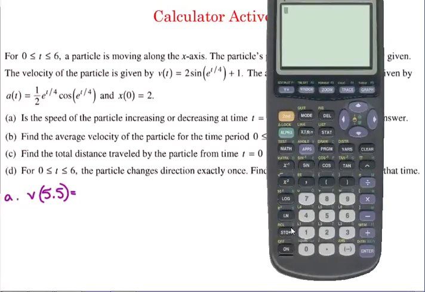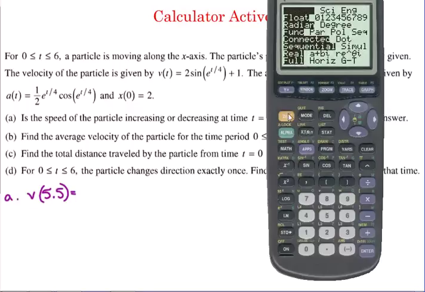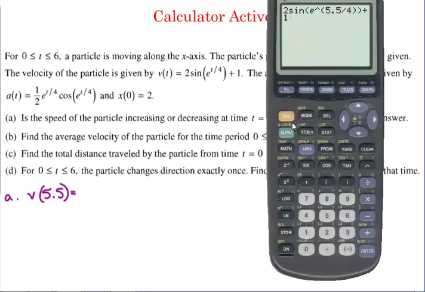I'm not even going to write it down. I'm just going to write down v at 5.5, and I'm going to go straight to my calculator and start working this out. So 2 sine of e to the 5.5 over 4, close my parentheses on the exponent, close my parentheses on the trig function, and plus 1. Make sure that I am in radian mode, always in radian mode for calculus.